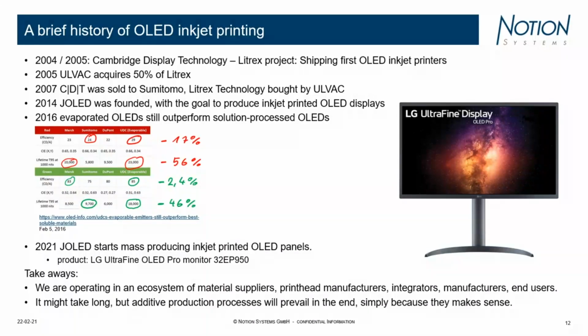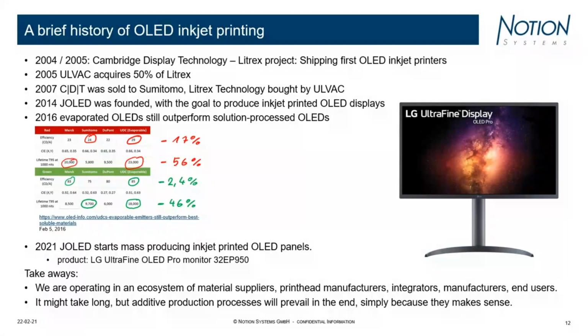So they were the foundations of inkjet printed OLEDs. In 2005, Ulvac, a Japanese vacuum deposition tool provider, acquires 50% of Litrex. In 2007, CDT was sold to Sumitomo, and Litrex technology was bought fully by Ulvac.